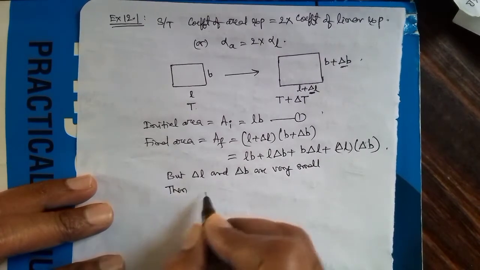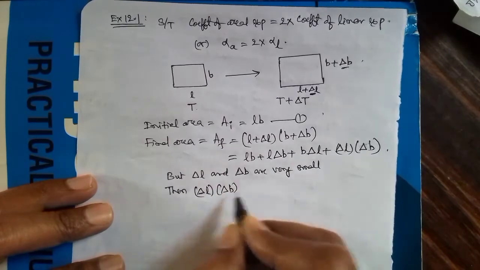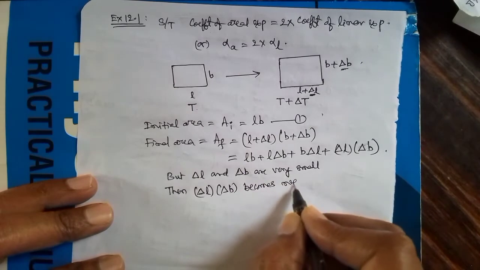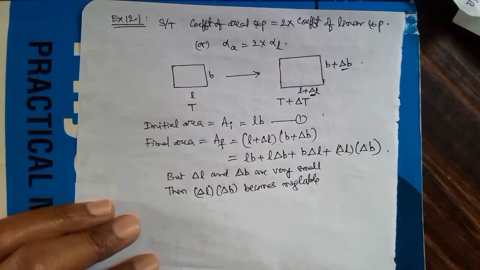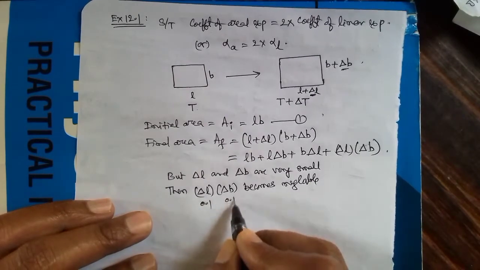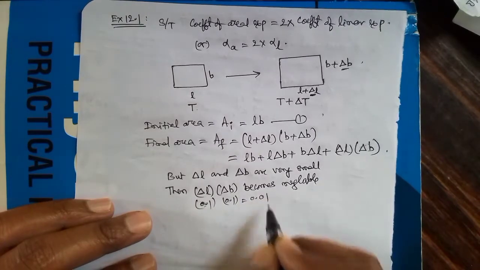Then the product of delta L and delta B becomes negligible. How? Suppose delta L is 0.1, delta B is 0.1. 0.1 into 0.1 is equal to 0.01.